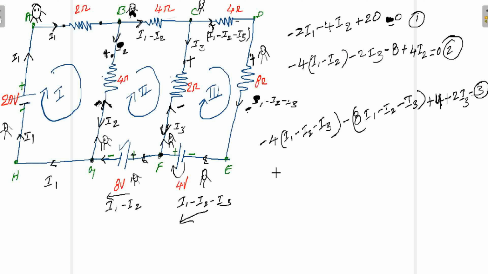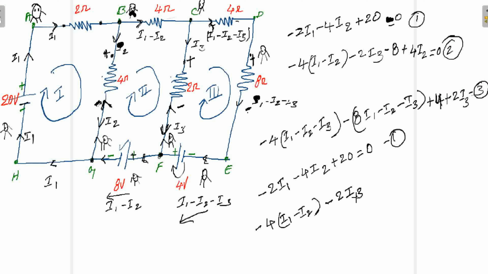So the first equation is minus 2 into I1 minus 4 into I2 plus 20 equal to 0. This is your equation number 1. The second equation is minus 4 into (I1 minus I2) minus 2 into I3 minus 8 plus 4 into I2, which is equal to 0.